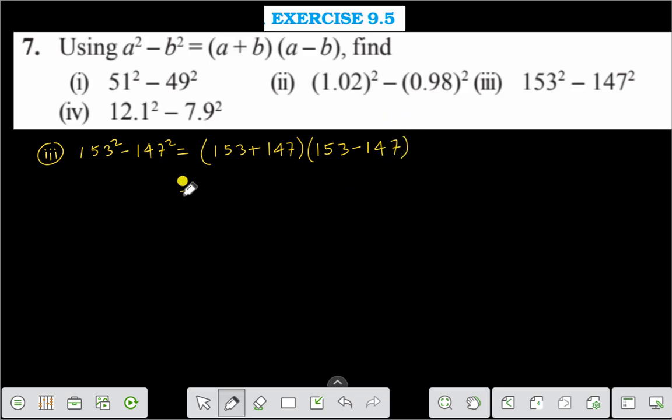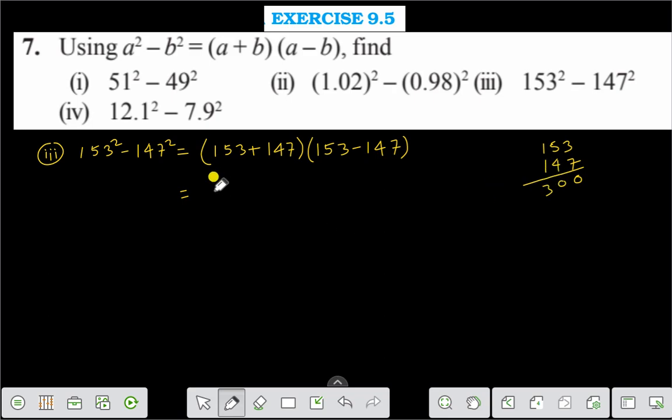Therefore, if we add this one, 153 and 147: 7 plus 3 is 10, carry 1, it is 0; 4 plus 1 is 5, plus 5 is 10, carry 1, it is 0; 1 plus 2 is 3. That is 300.